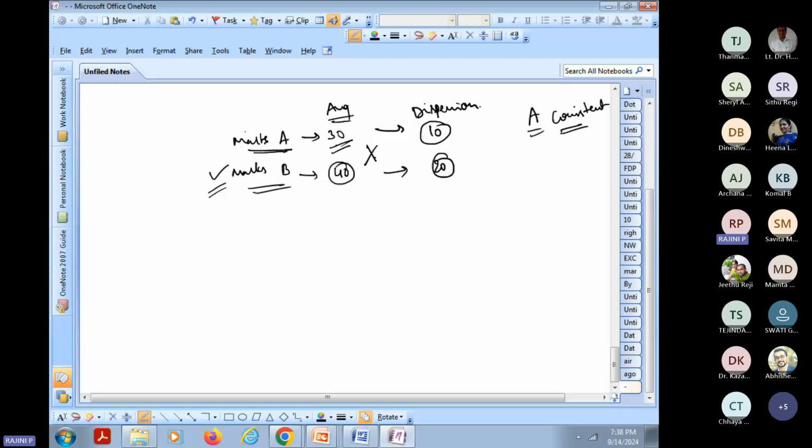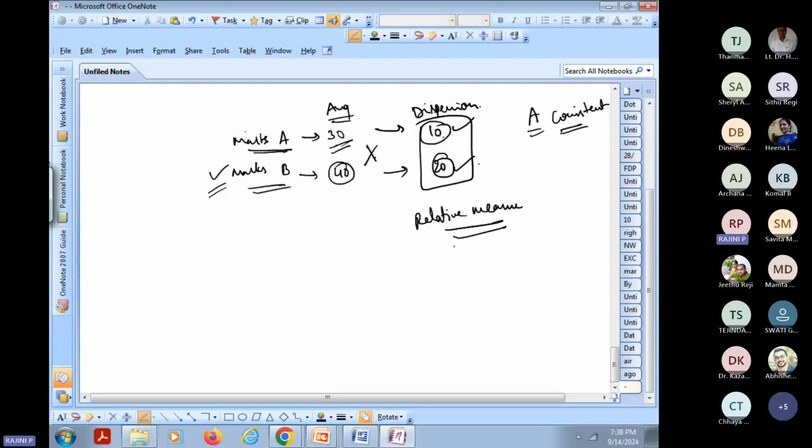So if you are calculating the dispersion of section A, it is absolute dispersion. Calculating the dispersion of section B, it is absolute dispersion. But if you want to go for the comparison, we go for the relative measures.